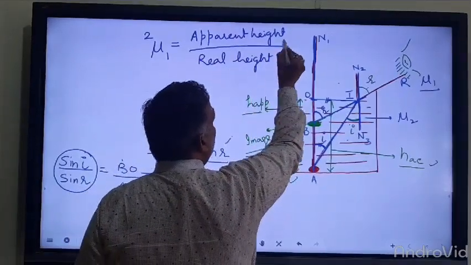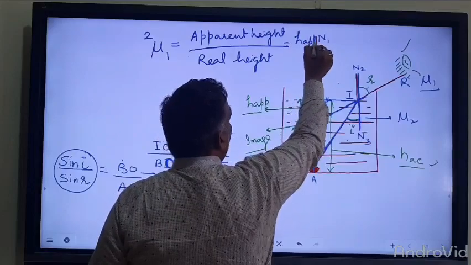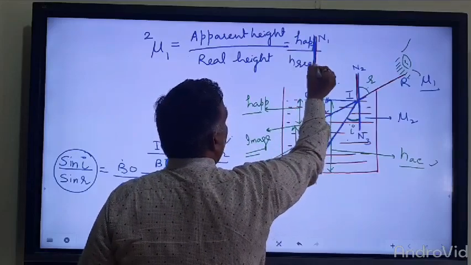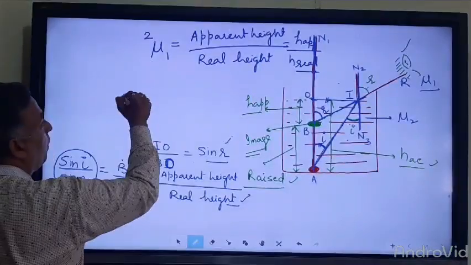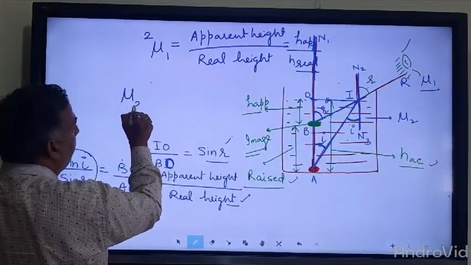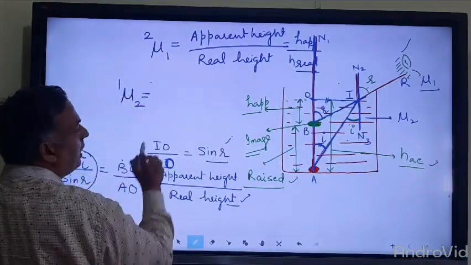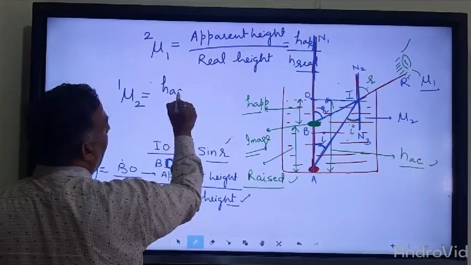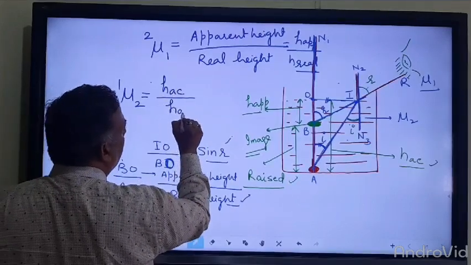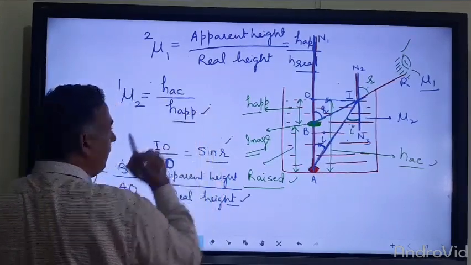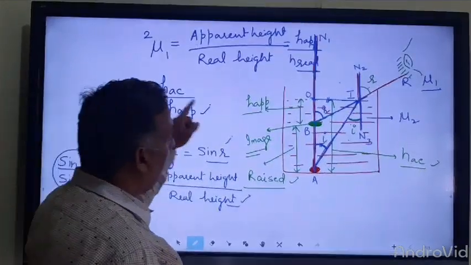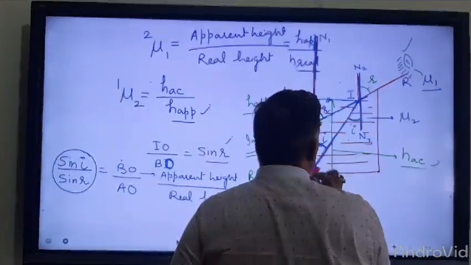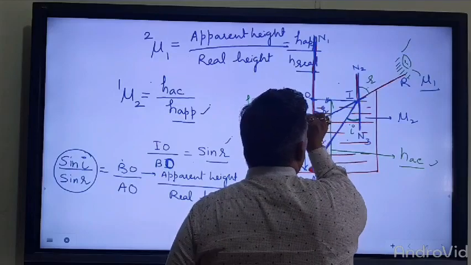I have to make it the refractive index of 2 with respect to 1, so it becomes actual height upon apparent height.